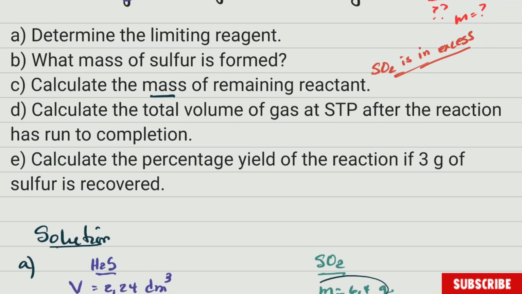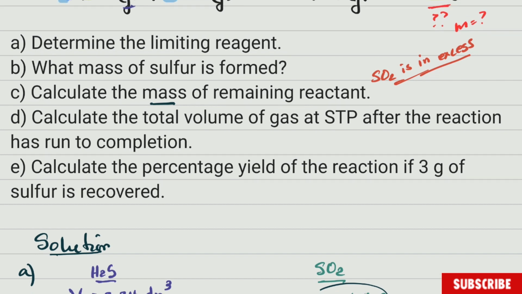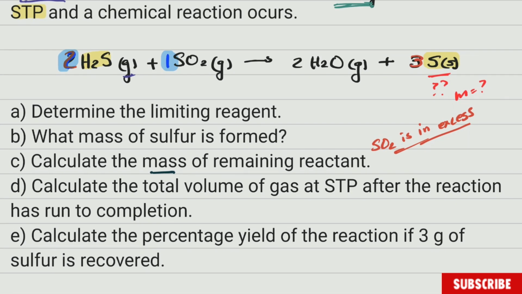Calculate the total volume of gas at STP after the reaction has run to completion. Run to completion means the reaction is finished. Now note the following. The only gas we have here in the product is the water, because the water is in a gas state. They're telling you that one. So this one is the gas produced.